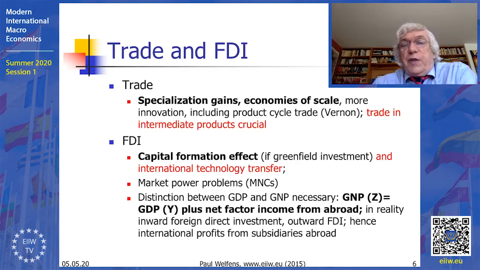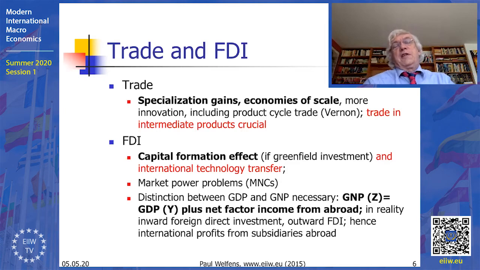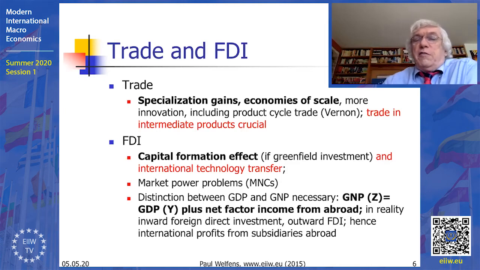So maybe the net factor income is just about zero. The profit effects on the accumulated inflow and outflow side kind of cancel out, but that is not always the case. And I think it's really important to make this distinction between GNP and GDP.